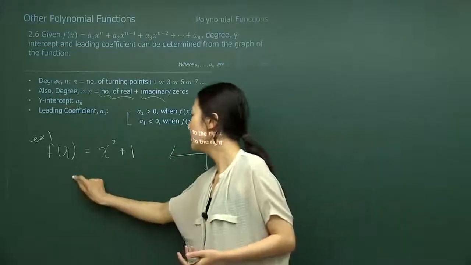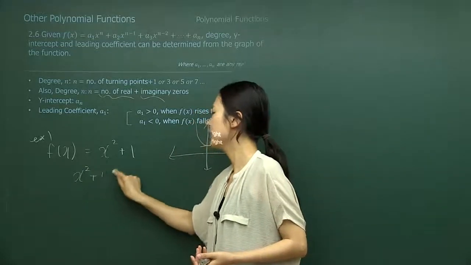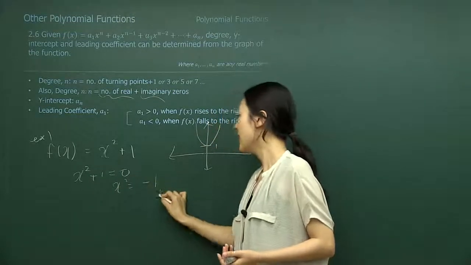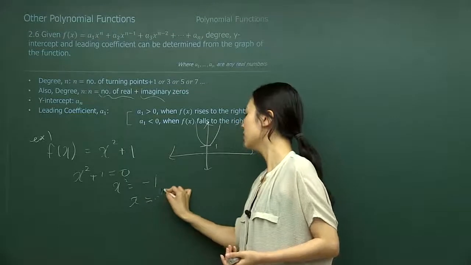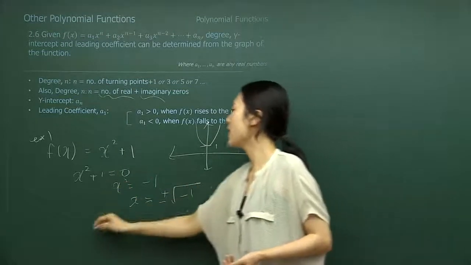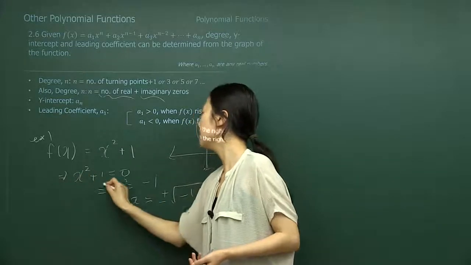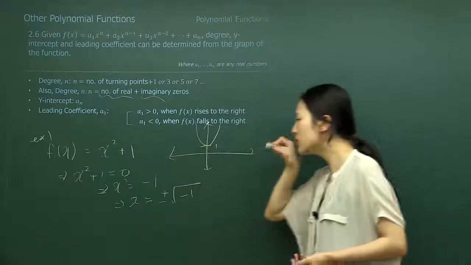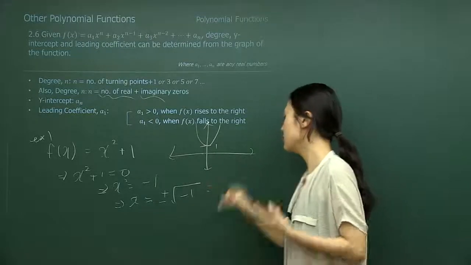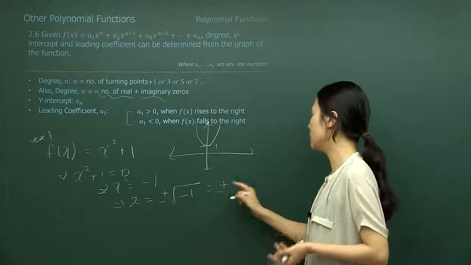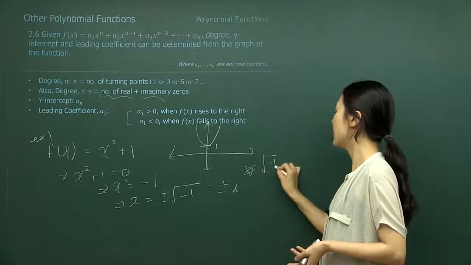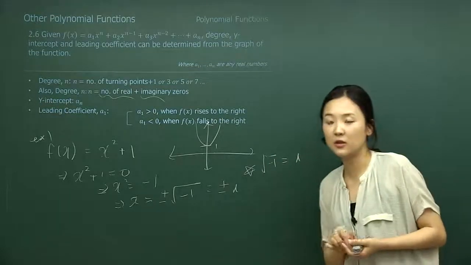However, if you try to solve it, you will get x squared is equal to -1, and x then will equal positive or negative square root of -1. Until the level of Algebra 2, we usually stop right here. But for pre-calculus, we continue on and say this equals positive or negative i, because the square root of -1 is an imaginary number i.